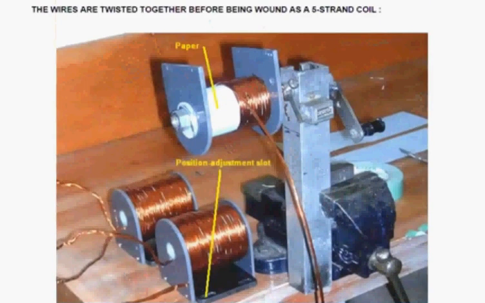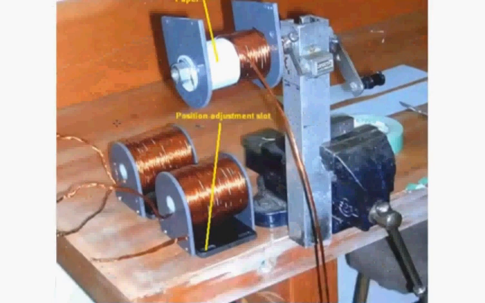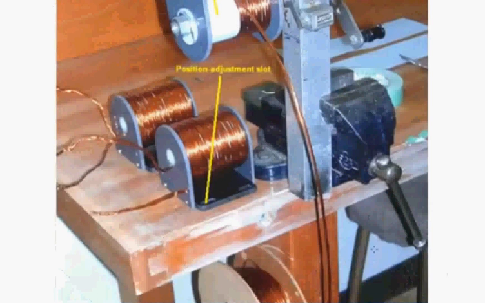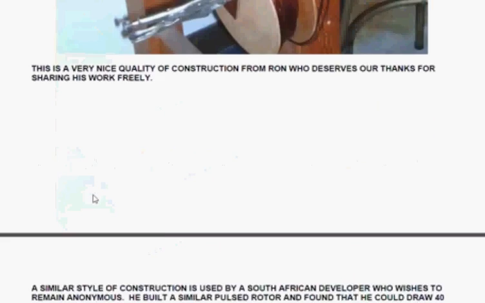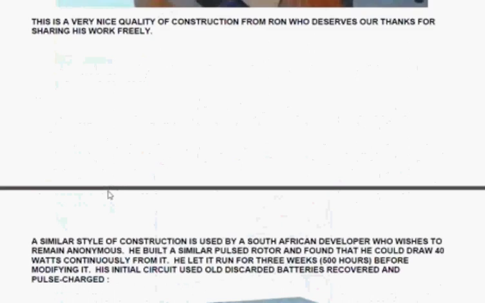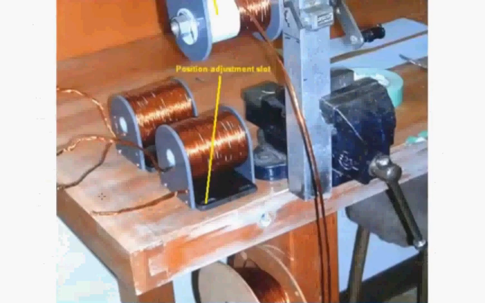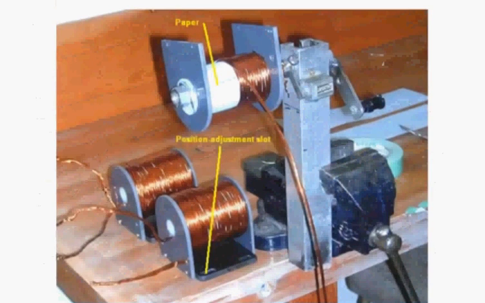Then he uses his winder to wind separate layers of wire, first from right to left, then from left to right, then right to left, layer upon layer upon layer, until the spool is finished and full. The spool has got slots in the base so that he can adjust them inwards and outwards to find the optimum position. And that is a very effective system that he's using, and very straightforward.